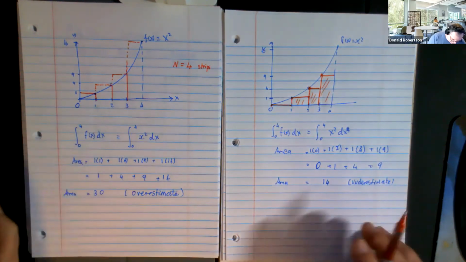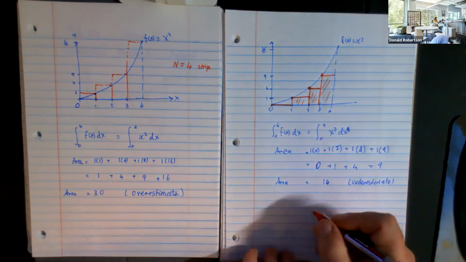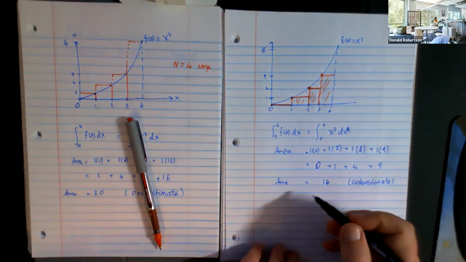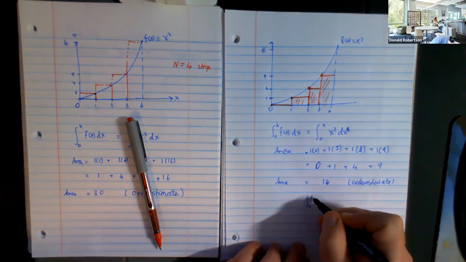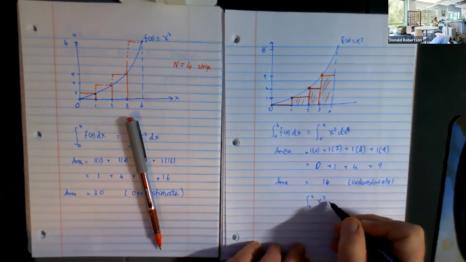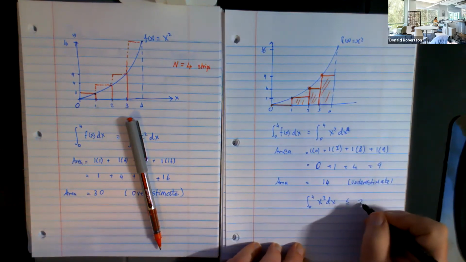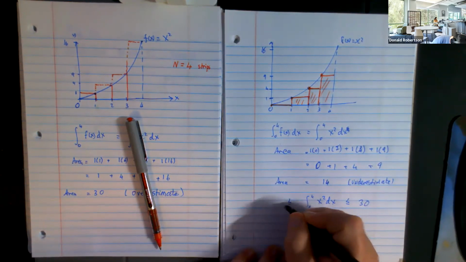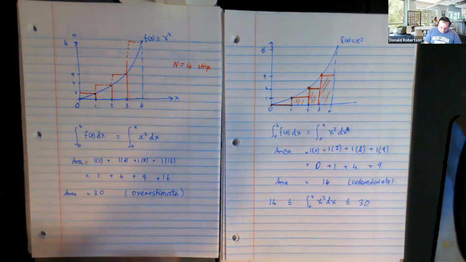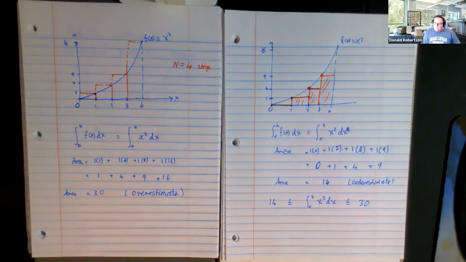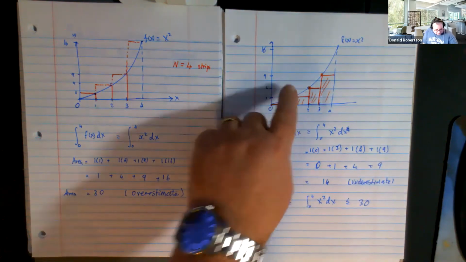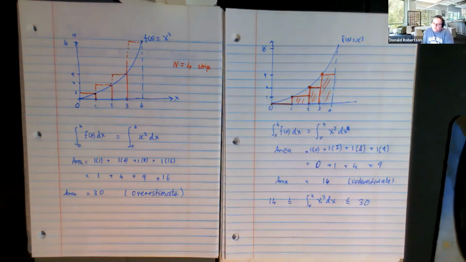Now, if you put those two together, then I should be able to say that the exact area, the true area under this curve is somewhere between 30 and 14. Would that seem a reasonable assumption based on the shape of this curve and the way in which I estimated?